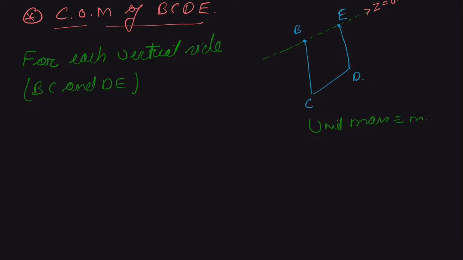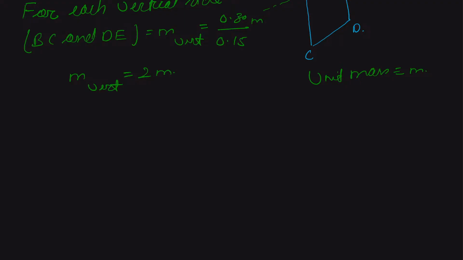Therefore, for each vertical side, which is our BC and DE, we can write its mass, that is, the mass for our vertical will be equal to 0.30 and 0.15 multiplied by our m, which gives us that the mass of our vertical will be equal to 2 times m, and our bottom side CD, let us call this mass as m bottom, which will be equal to, as CD is having a length of 0.5, so this mass will be m.